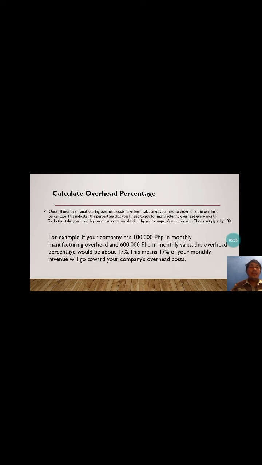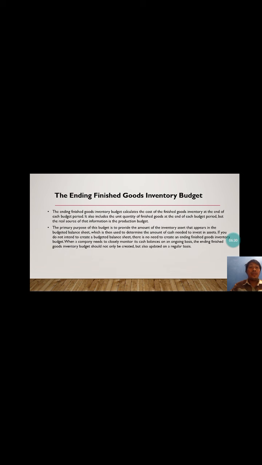For example, if your company has 100,000 pesos in monthly manufacturing overhead and 600,000 pesos in monthly sales, the overhead percentage would be about 17%. This means 17% of your monthly revenue will go toward your company's overhead costs.